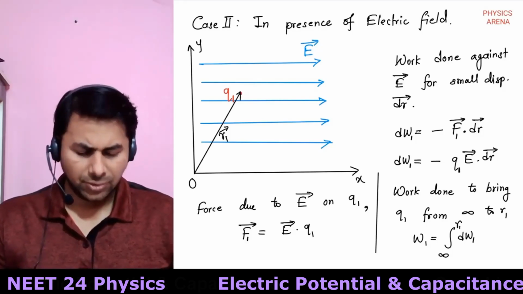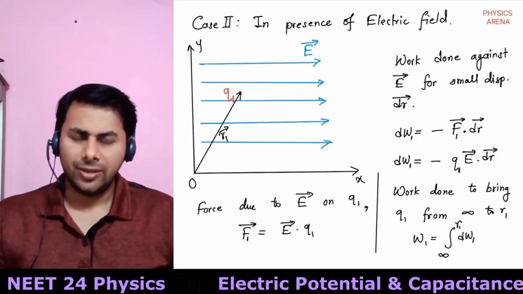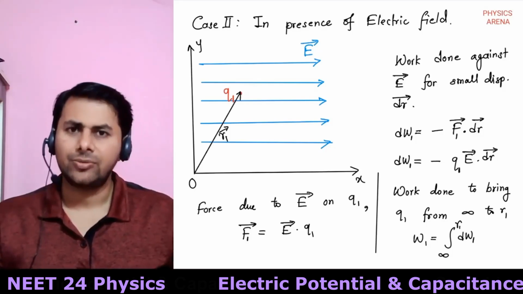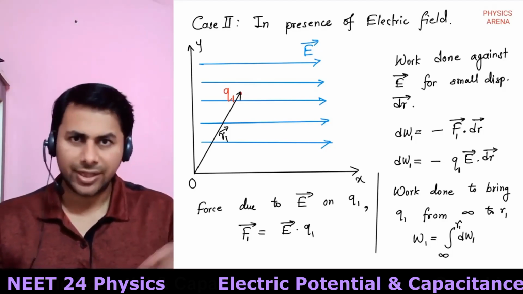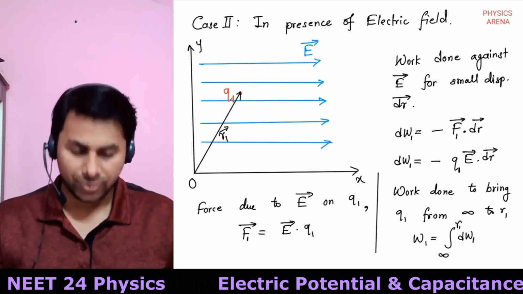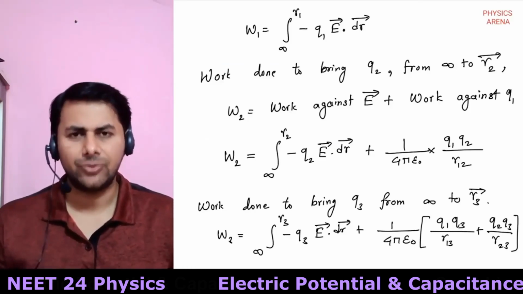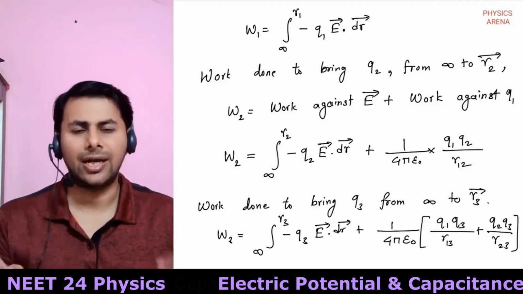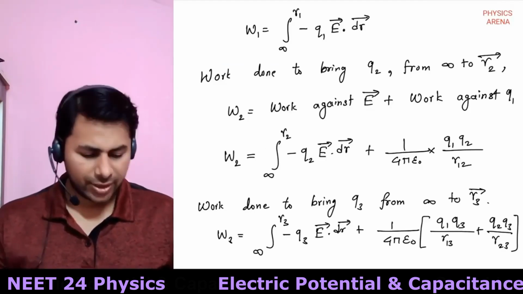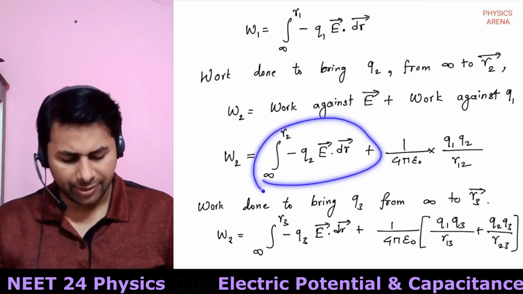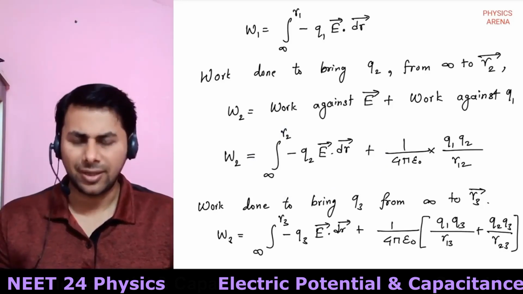Now this is the work done against the electric field to bring the first charge itself. So here you have to do some work. Now when you bring the second charge, again you will have to do work against the first charge as well as the electric field, and the work done against the electric field would be similar, right?